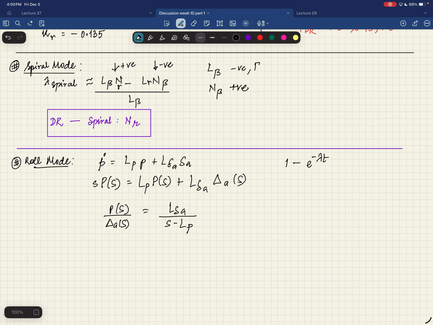If you have a second order ODE or a second order algebraic equation ax squared plus bx plus c equals 0, where a, b, c are all real numbers, complex roots always occur in pairs. You will never get one root as minus 1 minus i and the other as minus 3 plus 5i. If you have complex roots to a real quadratic equation, they are going to be minus 1 plus or minus 5i, or minus 3 plus or minus 5i.